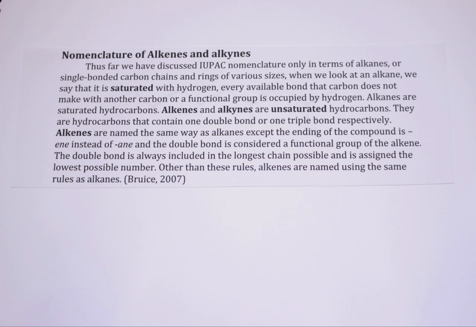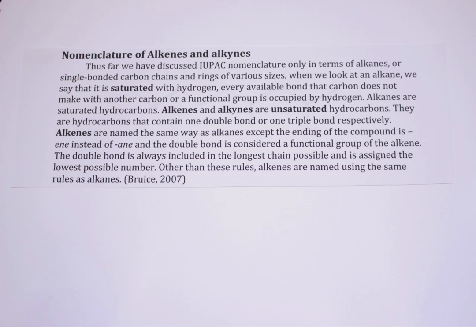The double bond is always included in the longest chain possible. It is also assigned the lowest possible number unless another higher priority suffix-changing functional group is present. Other than these rules, alkenes are named using the same rules as alkanes.